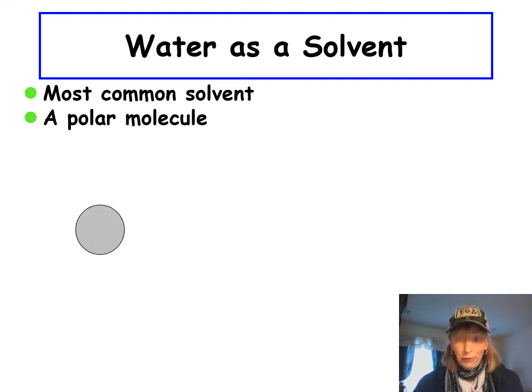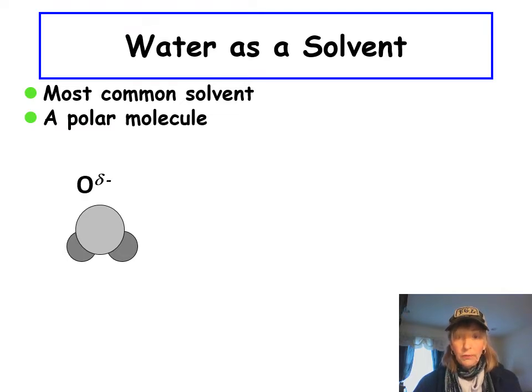Let's refresh ourselves with the structure of water. Water's formula: H2O. 2 hydrogens covalently bonded to a central oxygen.